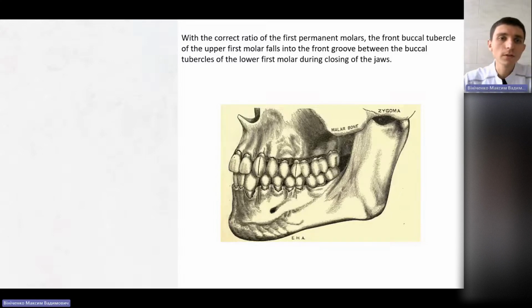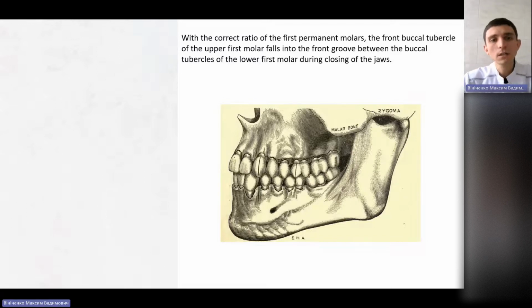Now we will talk about this classification, but nowadays, if the patient, for example, has on one side a normal canine position and a normal molar position, we pay more attention to the position of the canines.